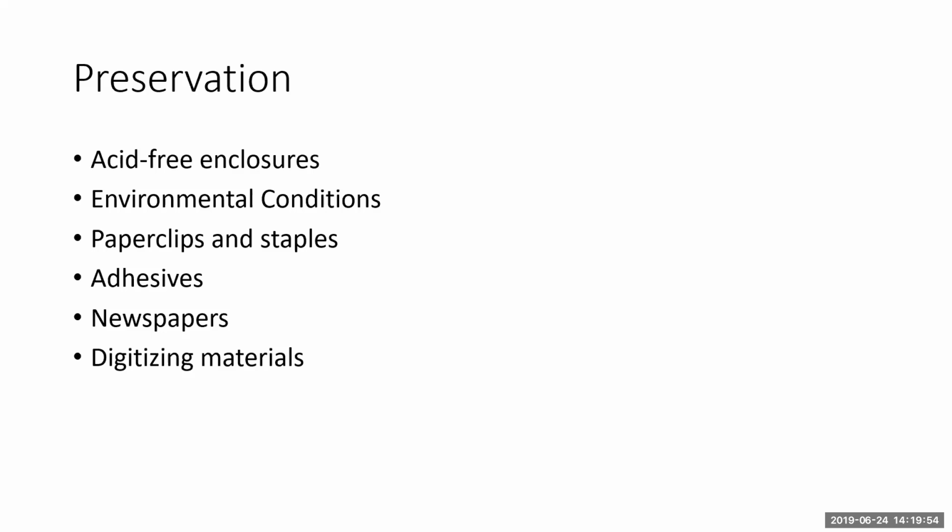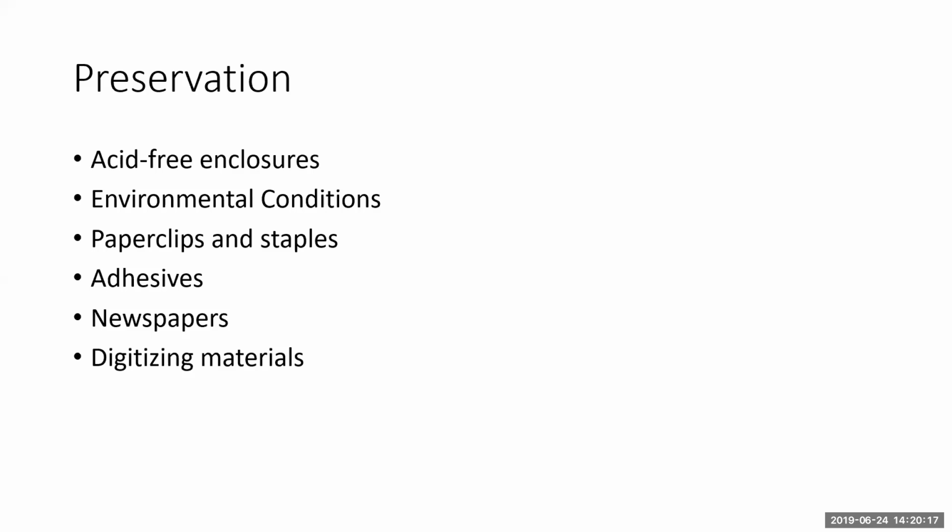For physical documents, they should be placed in acid-free folders, which you can purchase from archival retailers. Gaylord is a big one, and Hollinger is a big one as well. They can be a little bit expensive depending on what you're trying to buy.